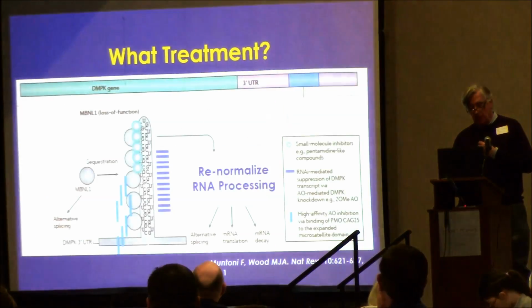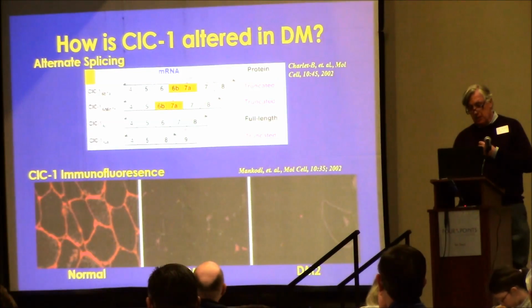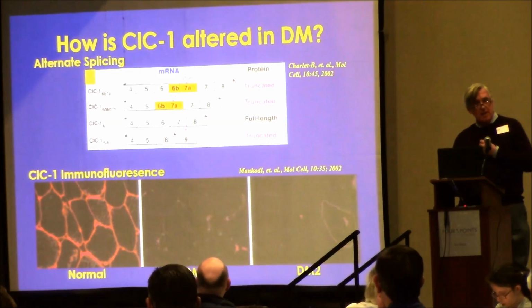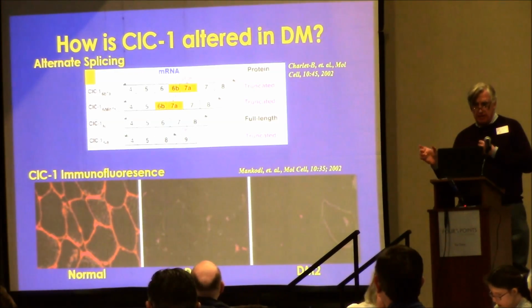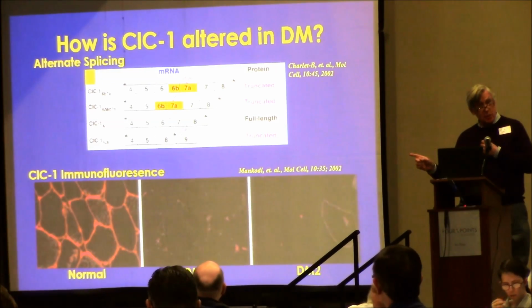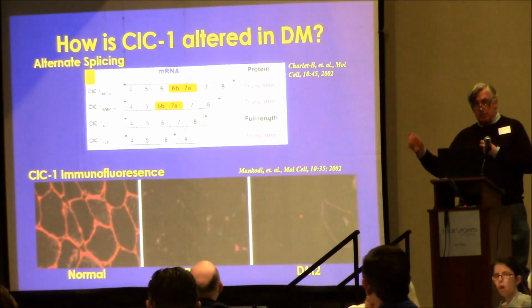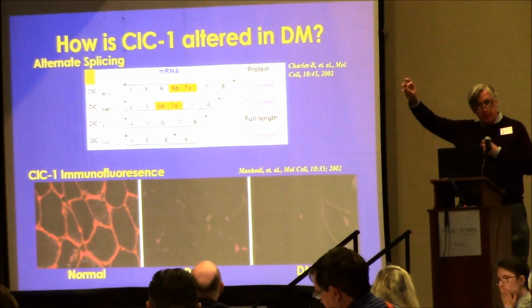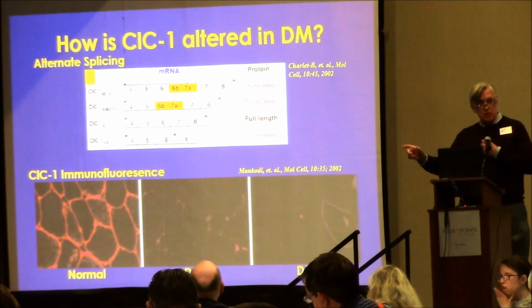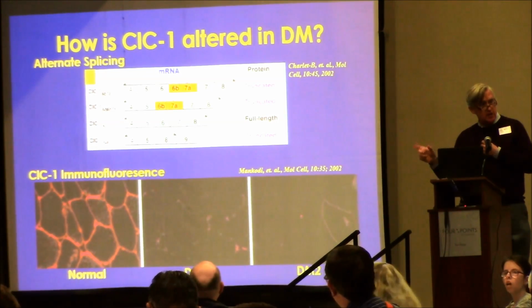And it comes about because this one gene called the chloride channel is abnormally read by the cell. And the reason it's abnormally read is because that muscle blind is all caught up in those clumps, and it can't do its job in helping read this gene.